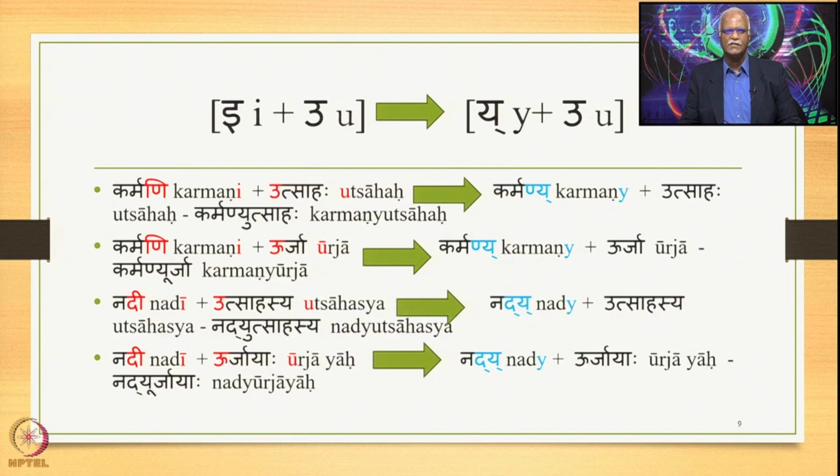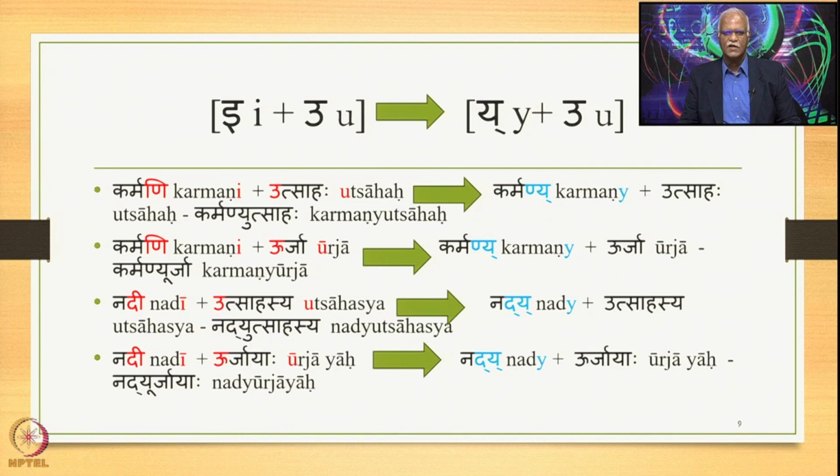Now let us have the examples of E plus U, and 6177 applies and Y plus U is the output. Remember, after A comes the vowel E, so E plus E would be the next sequence, but we have already discussed this and said that this is the scope of application of 6.1.101 Akassavarne Dirghaha.